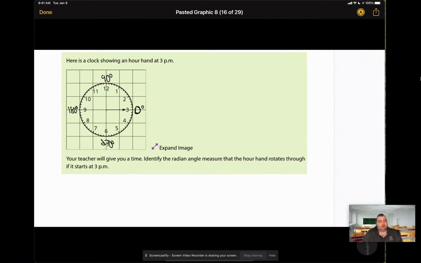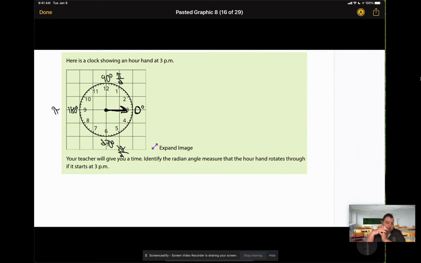In radians, this would be, remember, pi over 2. This would be pi. This would be 3 pi over 2, and so on. So at 3 p.m., the hour hand is obviously pointed towards the 3.